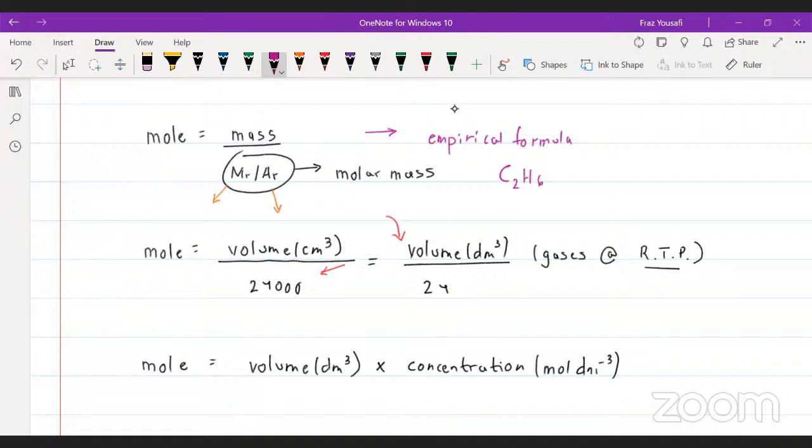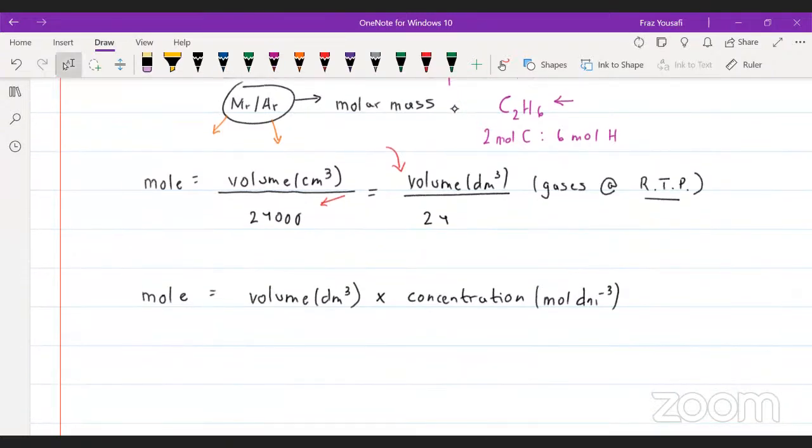So C2H6, the thing I want you to keep in mind is that this is saying there's 2 moles of carbon atoms for every 6 moles of hydrogen atoms in one formula of ethane, right? That's the ratio that we use to describe any particular compound or any formula. It's nothing more than a mole to mole ratio of atoms.